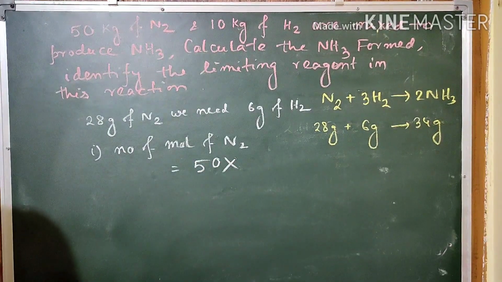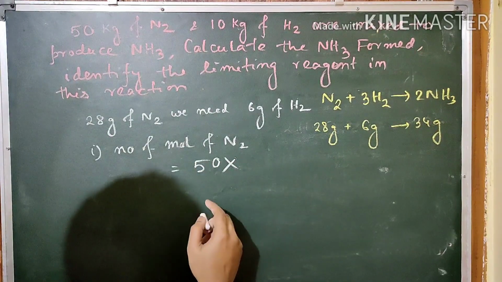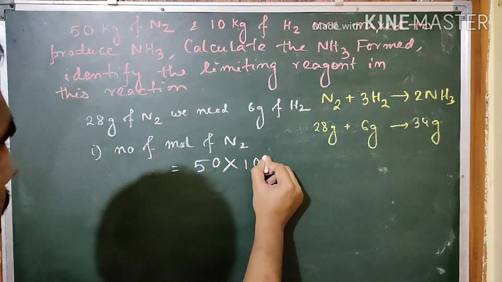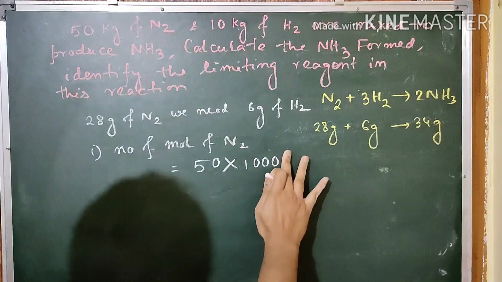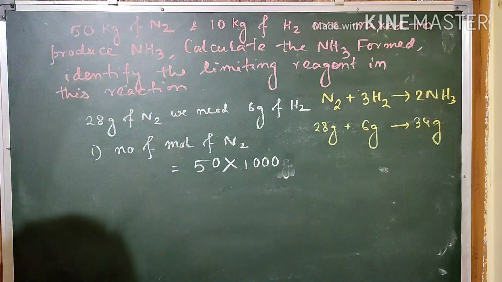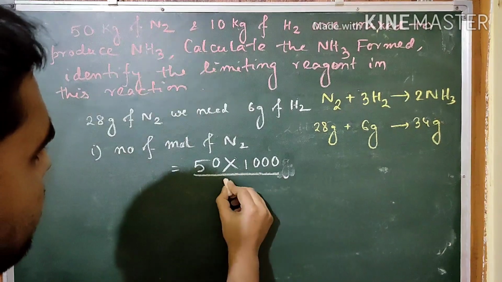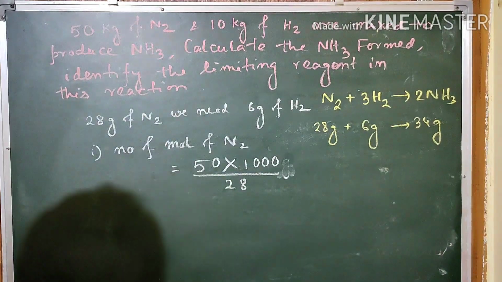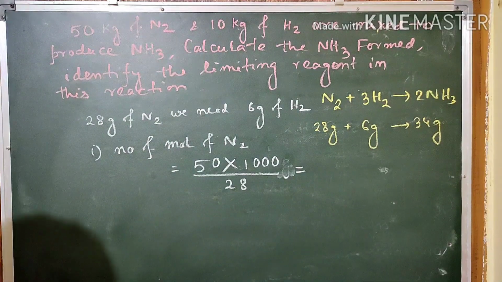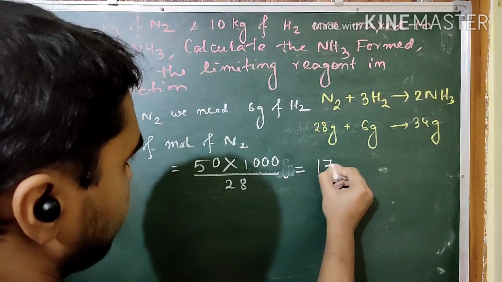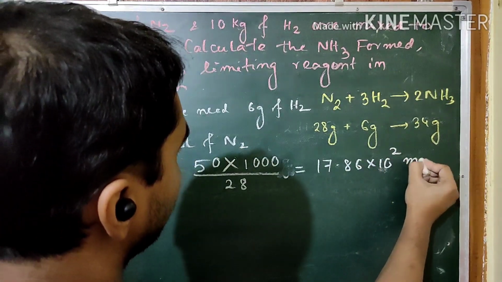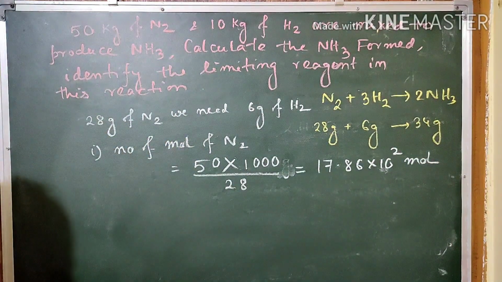To convert it to grams, it will be multiplied by 1000, divided by 28 gram. As a result, we are getting 17.86 into 10 to the power 2 moles.